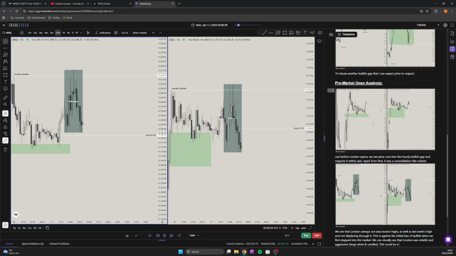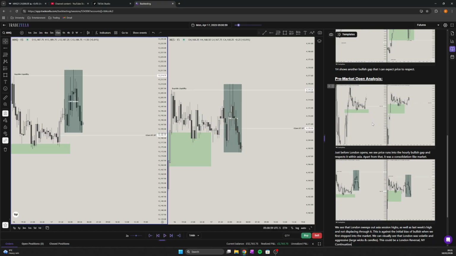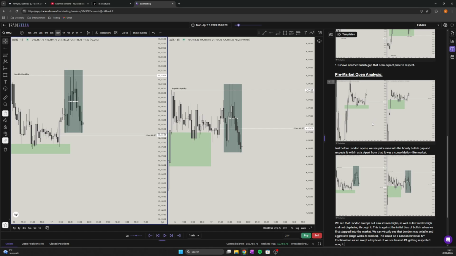This could be a London reversal, New York continuation as we swept a key level. If we see bearish PA getting respected now, it can reinforce this.